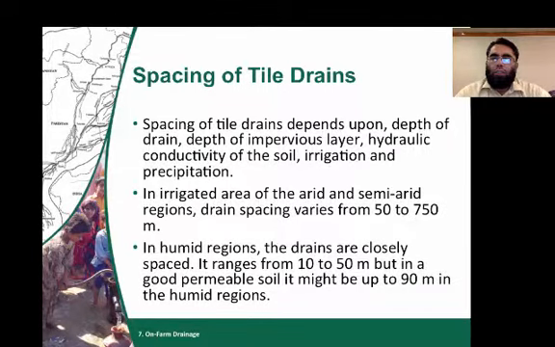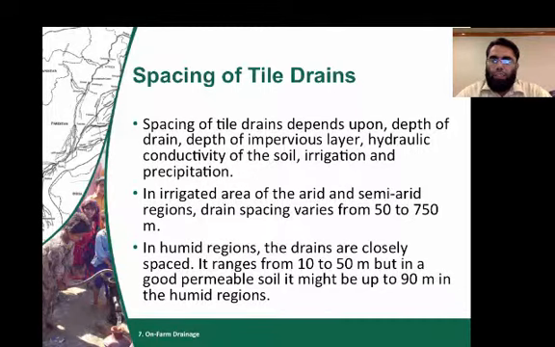The last point which we are going to discuss is the spacing of the tile drains. Spacing of the drains depends on the depth of the drain, depth of the impermeable layer, hydraulic conductivity of the soil, irrigation, precipitation, and drainage coefficient.